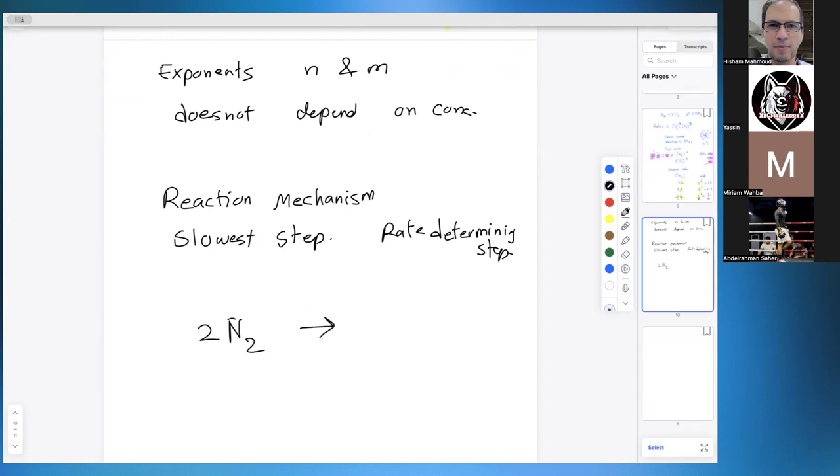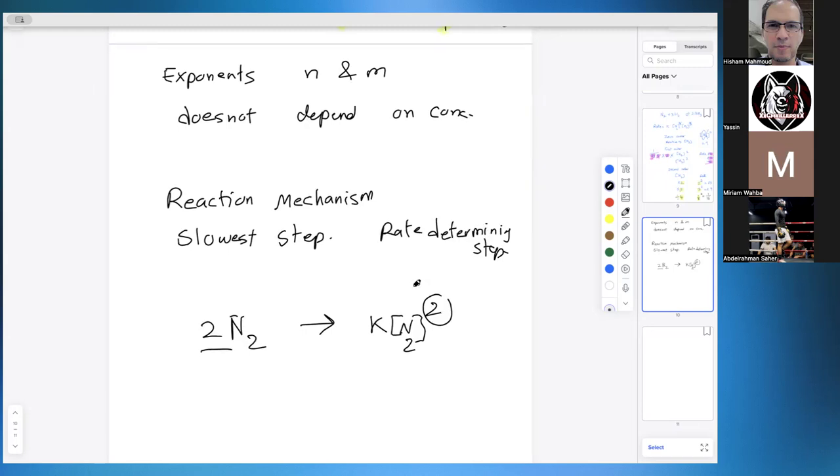In this case only, I will say the rate law is equal to k[N2] to the power of 2. Take care. This is the only case in which I can borrow the coefficient and use it as the power. Not in any step in a reaction mechanism. Only if the reaction is divided into mechanisms and only in the rate determining step. Actually, this is the only way that I can find the rate law in exam questions.